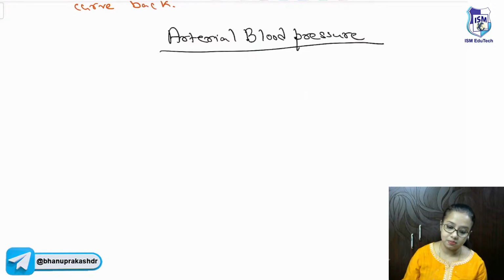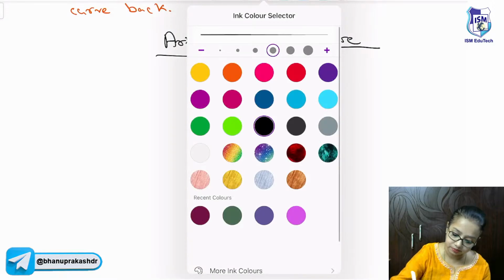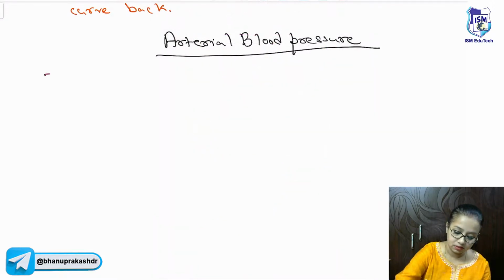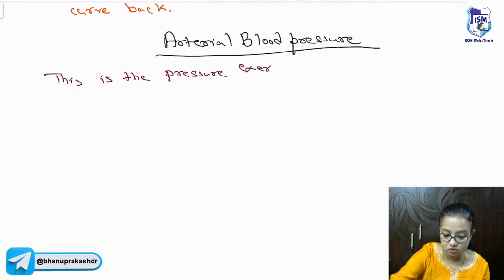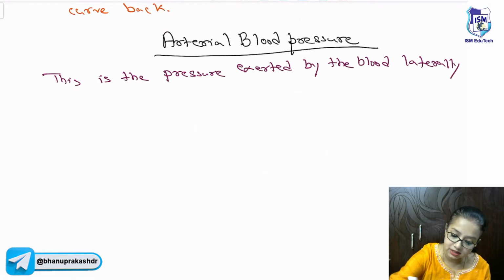Now, arterial pressure is the pressure exerted by the blood laterally. Okay, this is important. How does it exert?